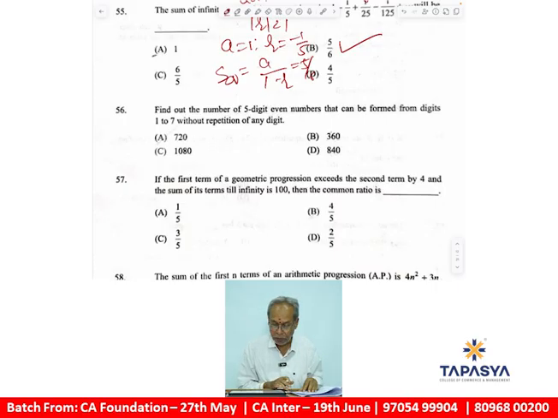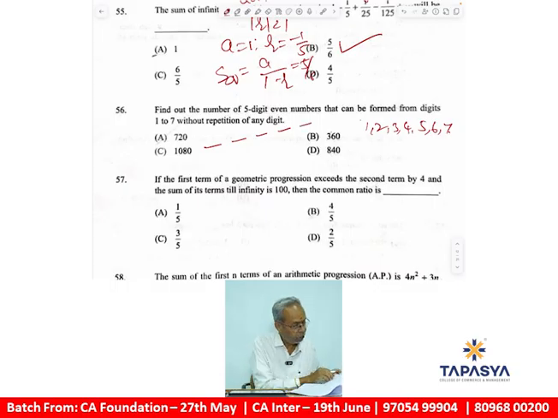So let the digits be given as 1, 2, 3, 4, 5, 6, 7, and we form 5-digit numbers. An even number can be formed only if the last digit, the ending number, is 2, 4 or 6.